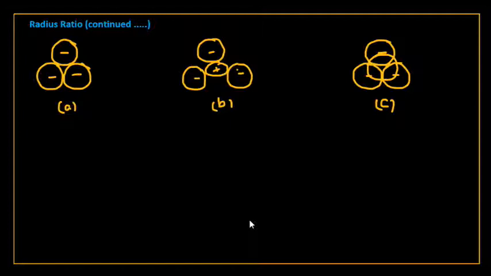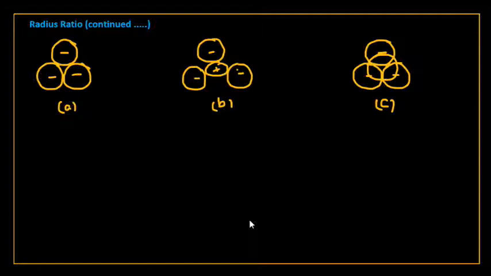Now, if the size of the cation increases, keeping the size of the anion the same, so that the radius ratio increases, we observe that the anions are no longer touching each other, as shown in figure B. So this explains figure B.